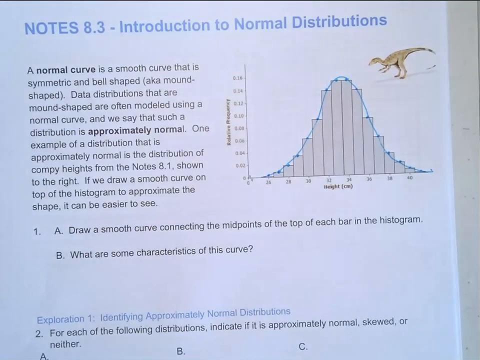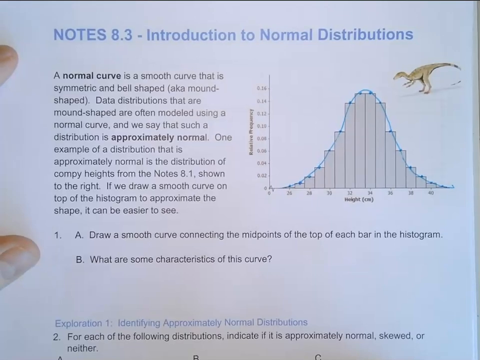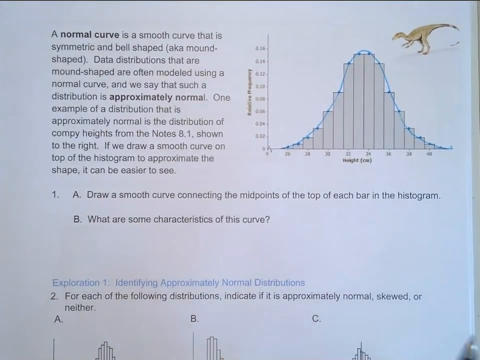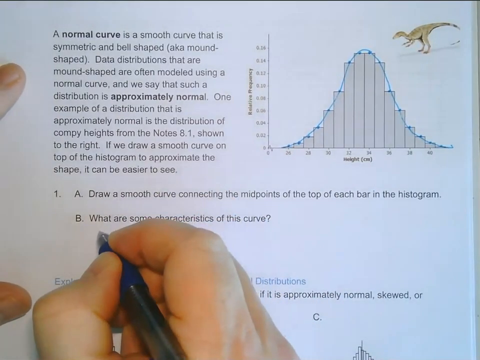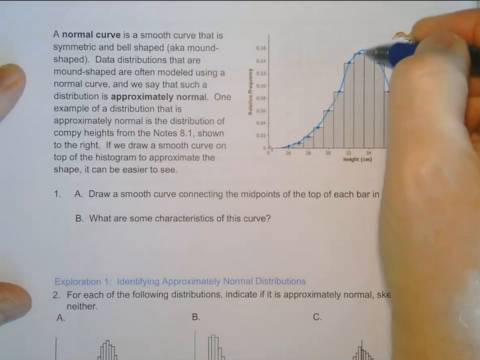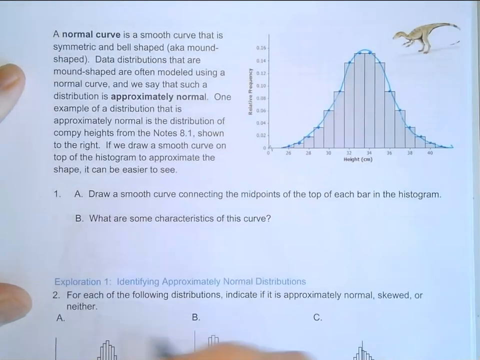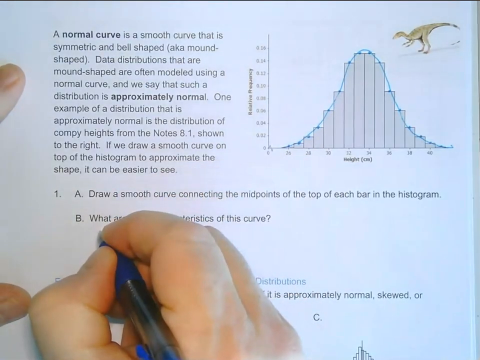Okay, so what are some characteristics that we see in this curve? Well, I think that you can see that it's symmetric. There's symmetry about the middle or the peak. You see it's on both sides. So I'm going to write here symmetric.